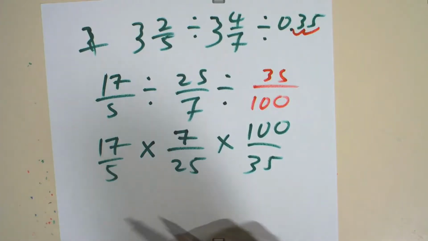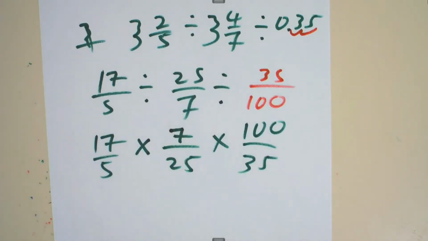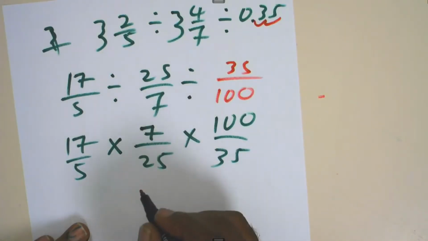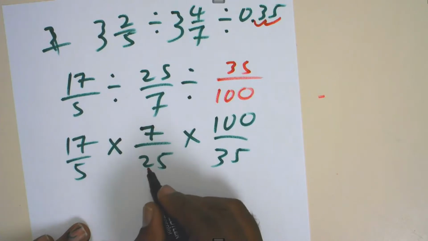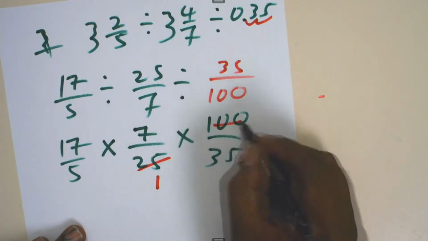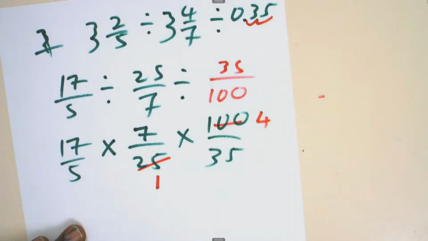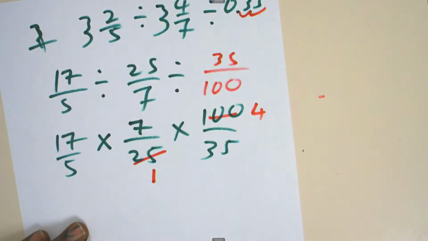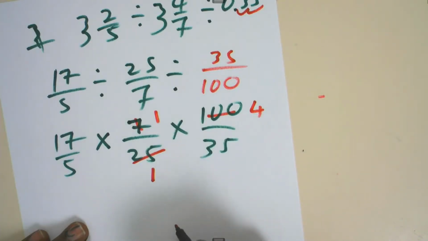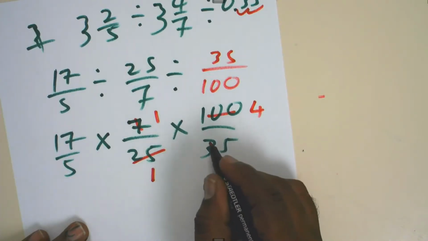Let's see how many 25s in 25, 1. How many 25s in 200? 4. How many 7 into 7? 1. How many 7 into 35? 5.